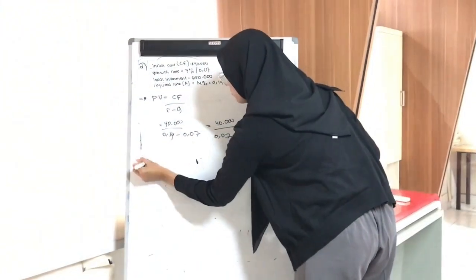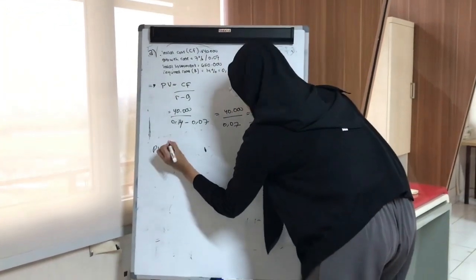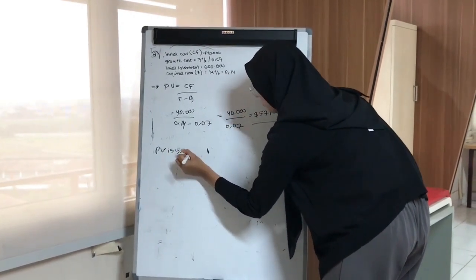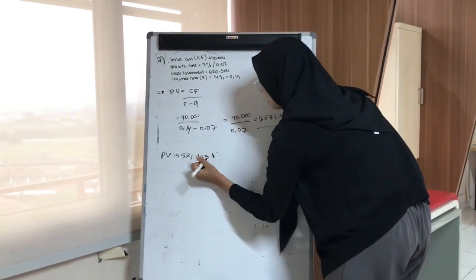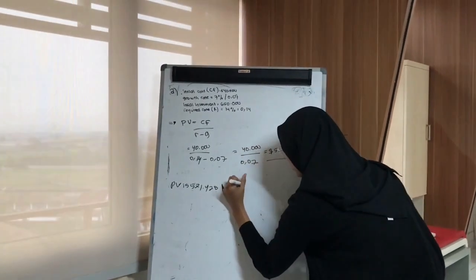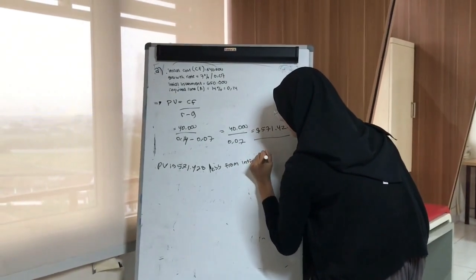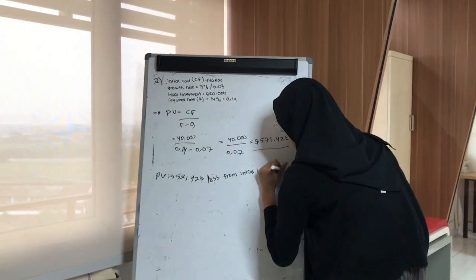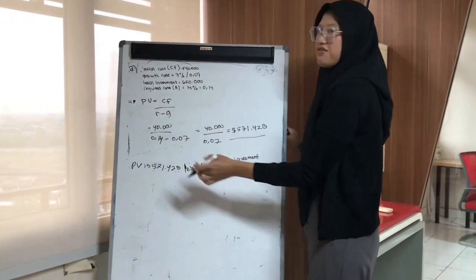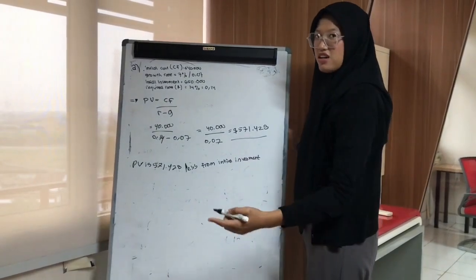So after that we write the conclusion: PV is 571.428, and it is less than the initial investment. Because we need to compare the PV and the initial investment, if the PV is more than the initial investment, they can start a business.